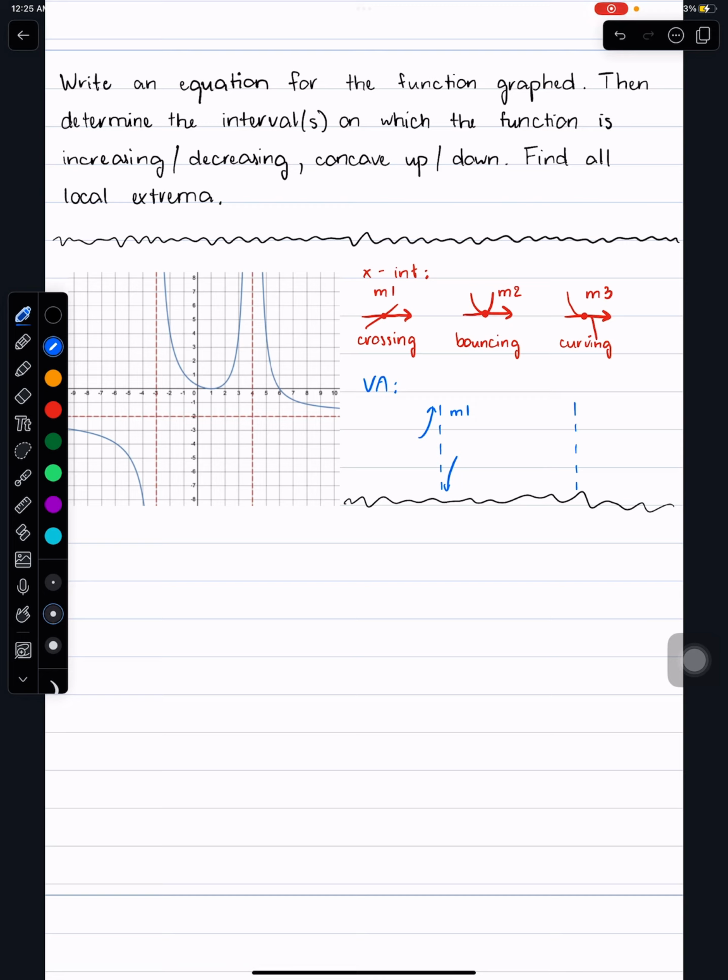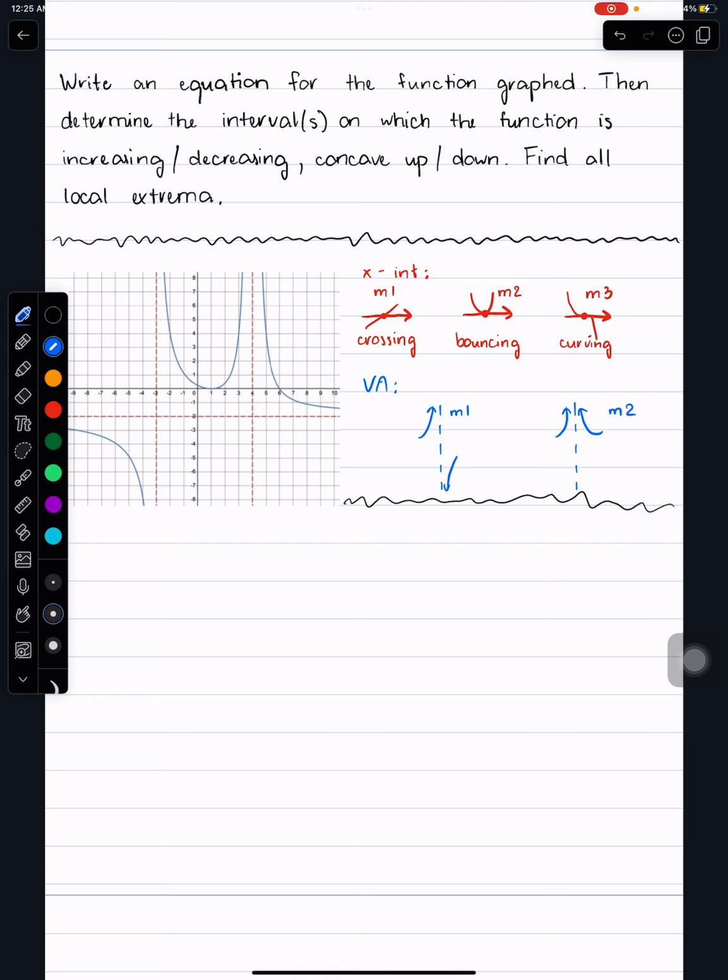Different direction is odd, and 1 is an odd number. If the graph is pointing in the same direction, either both going up or both going down on both sides of the vertical asymptote, then this vertical asymptote has multiplicity of 2.